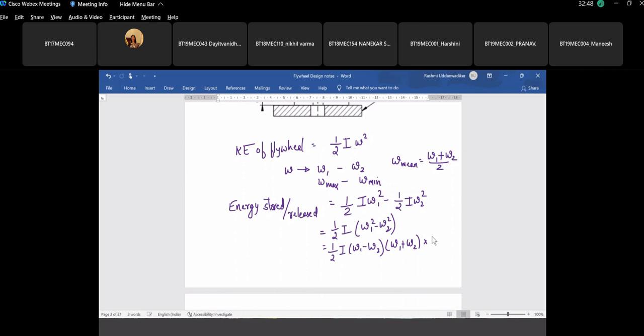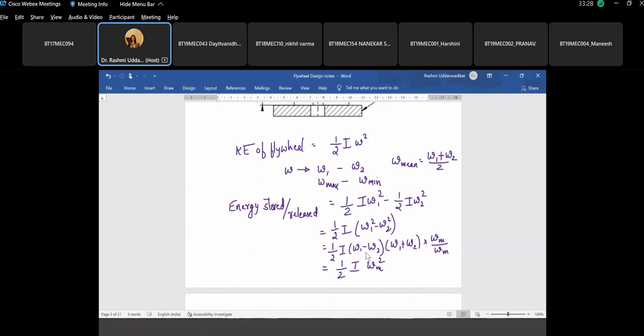If I multiply and divide this with omega mean, then I get the expression as omega 1 plus omega 2 by 2, this is omega mean, into this omega mean. So I am writing this as half I omega m square, this omega 1 plus omega 2 by 2 and this omega m.